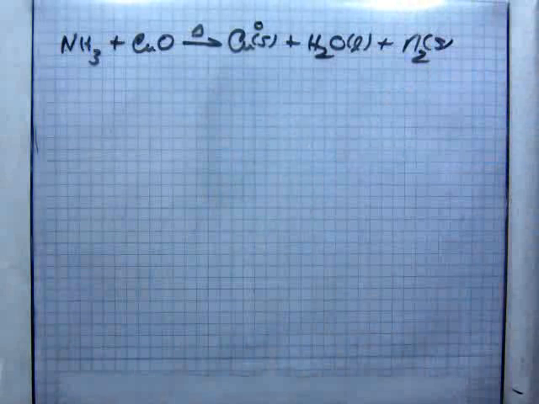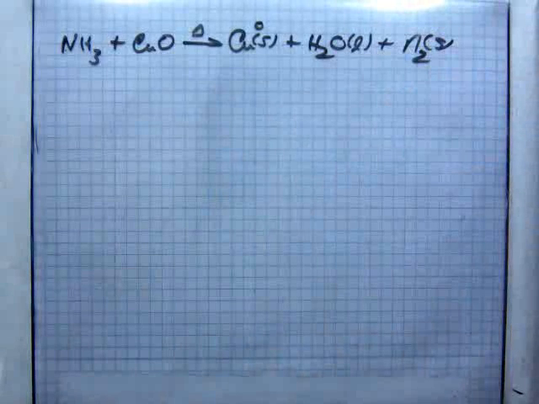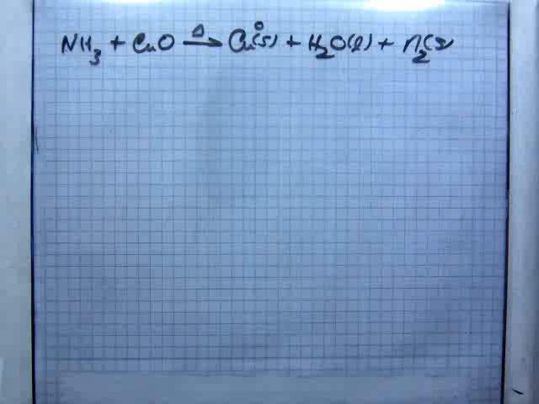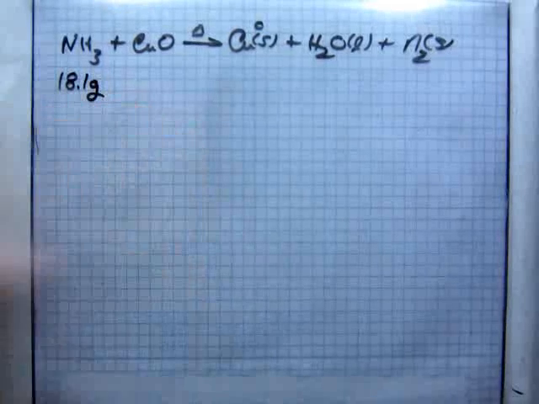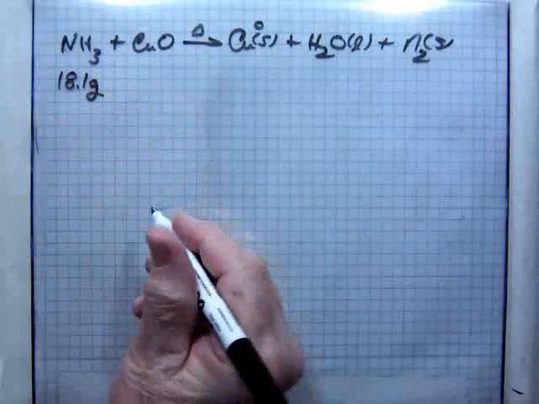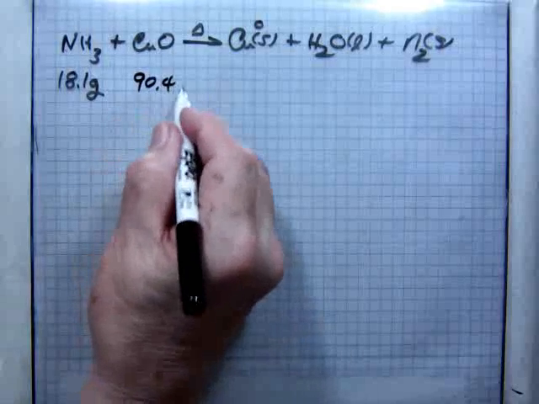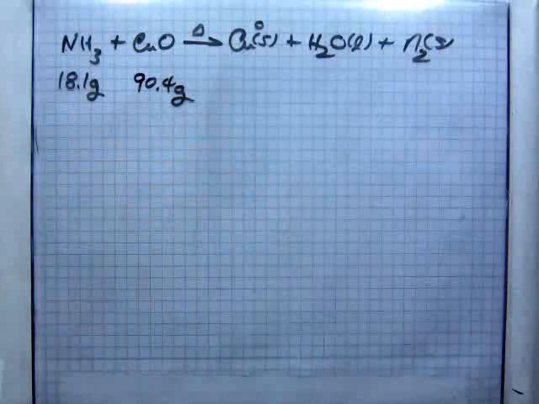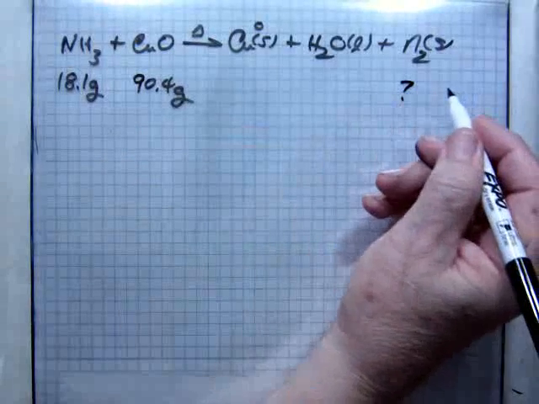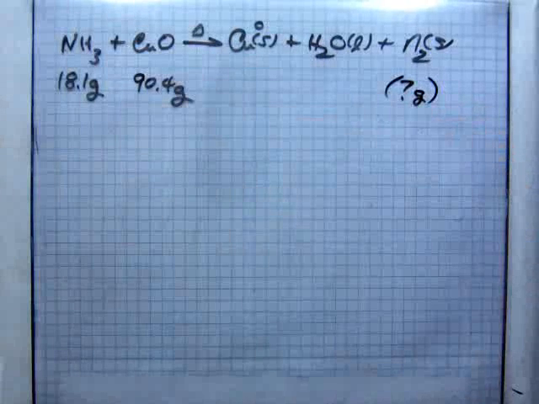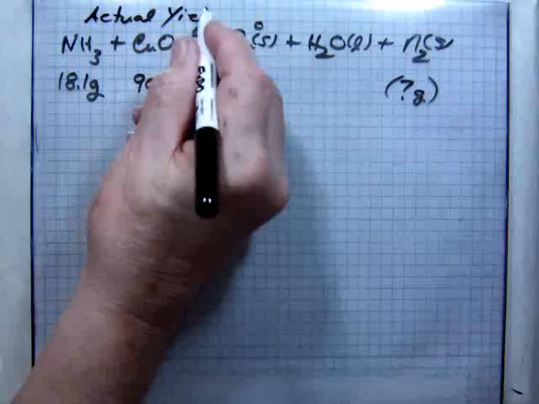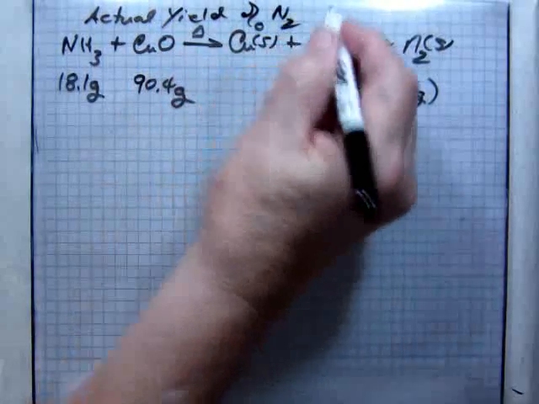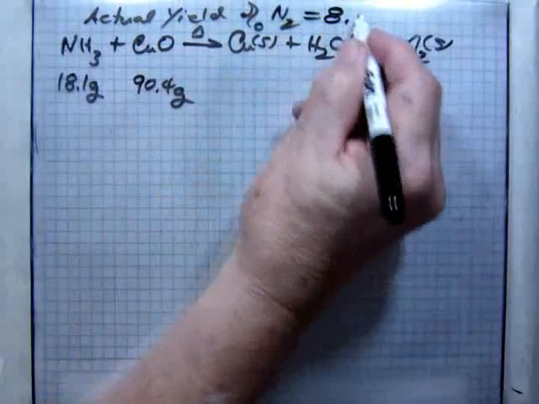All right, let's get our data in. If the sample contains 18.1 grams of ammonia, reacted with 90.4 grams of copper oxide, the actual yield is 8.2 grams.